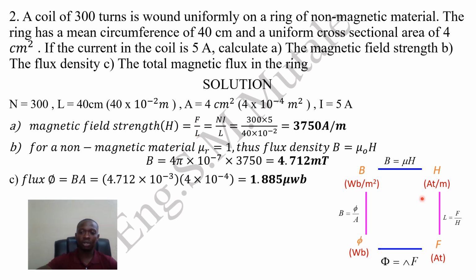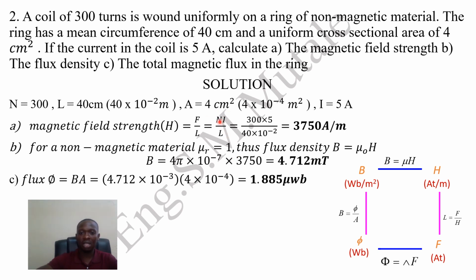The force, or magnetomotive force, is the product of the number of turns times the current. That's why the units are ampere turns: amps comes from the current and turns from the number of turns. So the force is the number of turns times current, divided by the length.